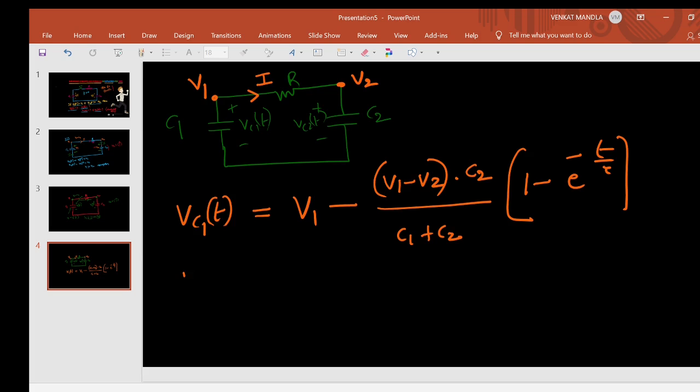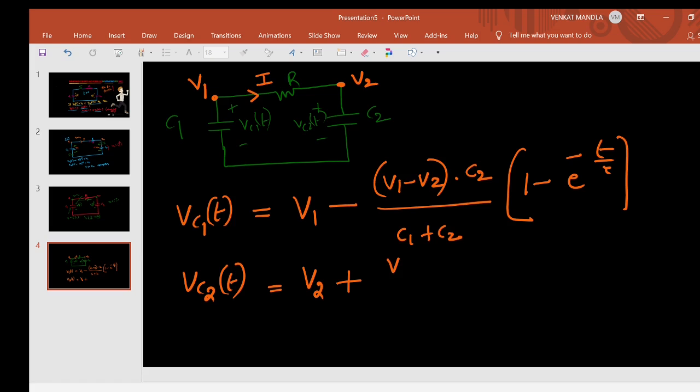Now I will write Vc2(t). In the case of Vc2(t), C2 keeps increasing its voltage because it is being charged by C1. Initially it has V2, and since the voltage is increasing, here we put plus.